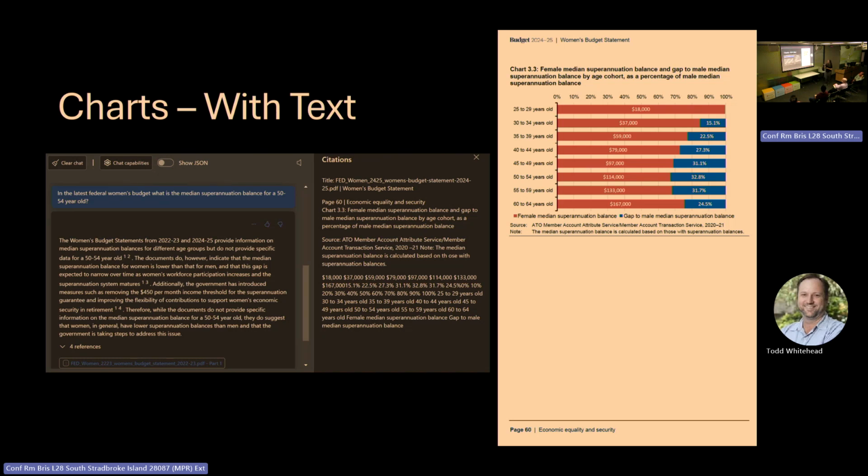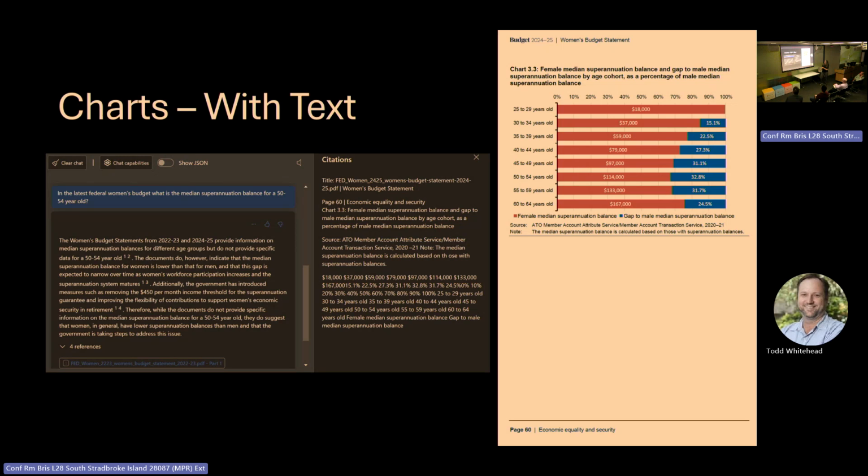It grabbed the right document, found the right page, found the right chart 3.3, but it couldn't give me an answer. It just said that the superannuation balance and gap to male median superannuation balance as a percentage of male median. So it didn't get really far, because it can't really read it.